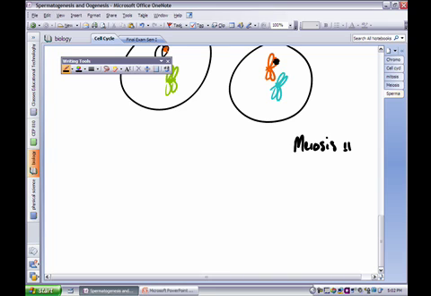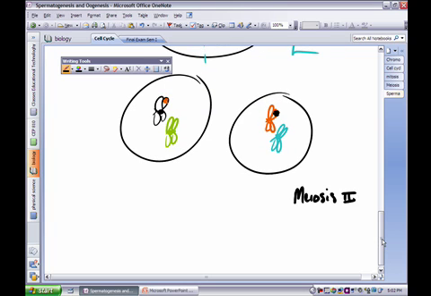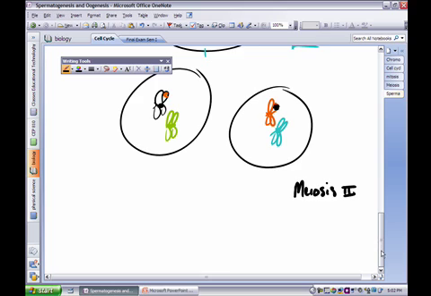Now the next set of steps is in meiosis 2. And meiosis 2 is the most similar to mitosis in that the homologous pairs don't have to line up because they're in opposite cells now, and they'll go through metaphase, telophase in a line just like they did before when we talked about somatic cells.